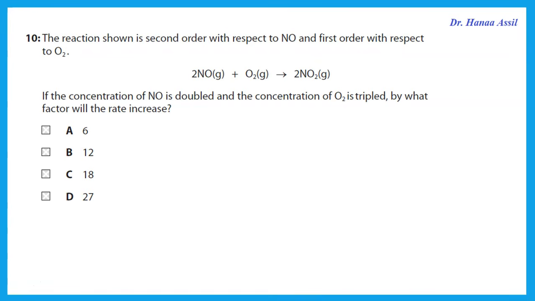We are told that it is second order with respect to NO, first order with respect to oxygen. If the concentration of NO is doubled, that is 4 times, and the concentration of oxygen is tripled, so that is 3 times 4, so that would be 12 times in which the rate increases.